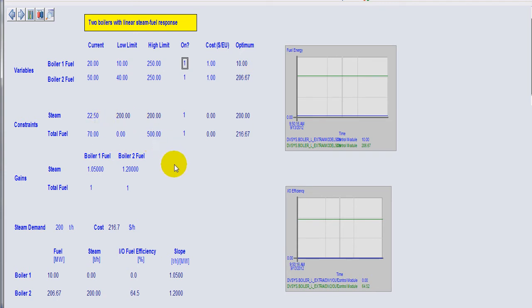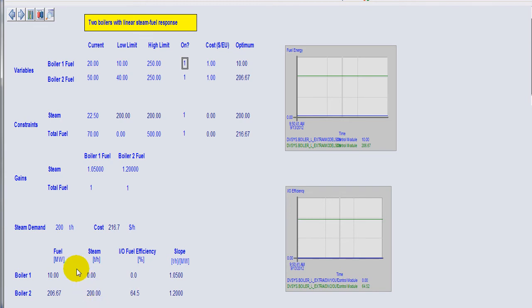The constraints on steam and fuel generation are shown here. Also, the incremental cost of generation, as represented by the change in tons per hour per unit of fuel input, is shown and can be changed to demonstrate the impact of different boiler incremental operating efficiencies.